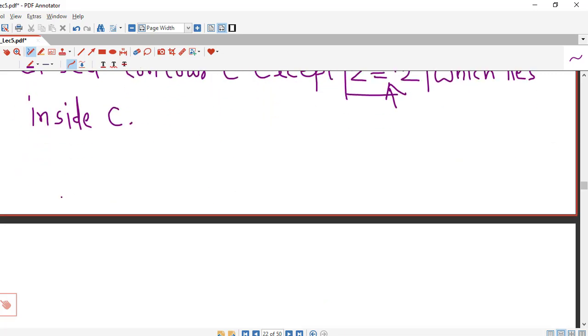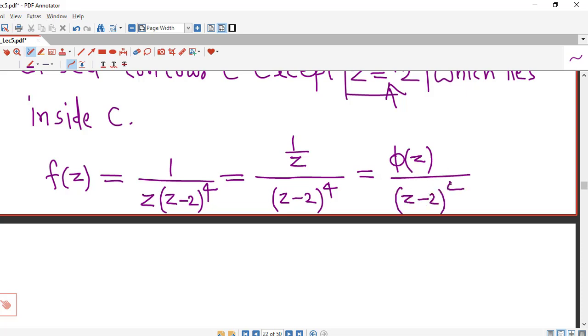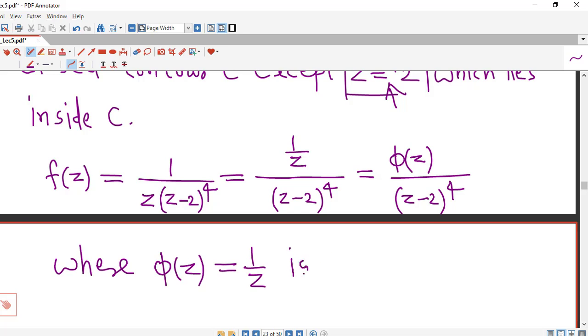So for that we rewrite our function in another form. F of z is 1 divided by z times (z minus 2) raised to 4. So this I can rewrite as (z minus 2) raised to 4 in the denominator, and I consider 1 by z in the numerator. So we have f of z equal to phi of z divided by (z minus 2) raised to 4, where this phi of z is 1 by z, and this 1 by z is analytic at z equal to 2.